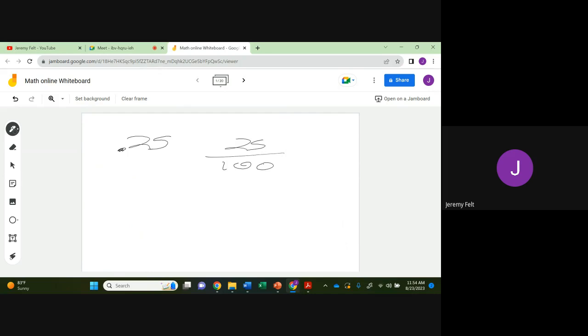When we've talked about greatest common factor, or the biggest number that goes into both of these numbers, we know 5 goes into both of them, but 25 actually goes into both of them. So 25 goes into 25 once, 25 goes into 100 four times. So we factor out 25 out of both of these and we're left with 1/4. So 0.25 as a reduced fraction is 1/4. It was 25 hundredths as a decimal, so it's 25 hundredths as a fraction. And then we were able to reduce.